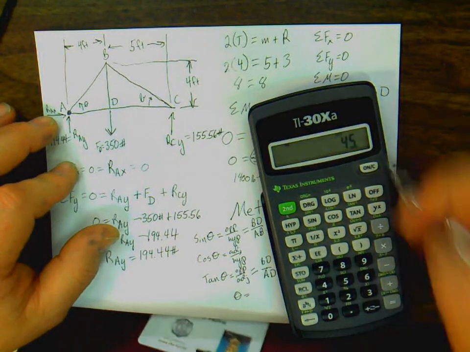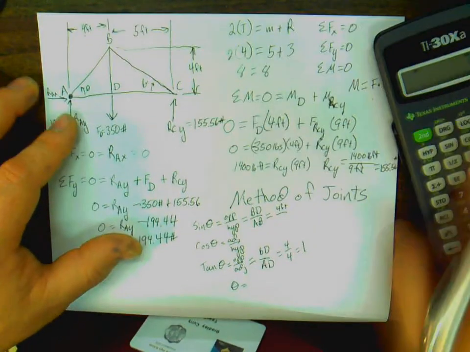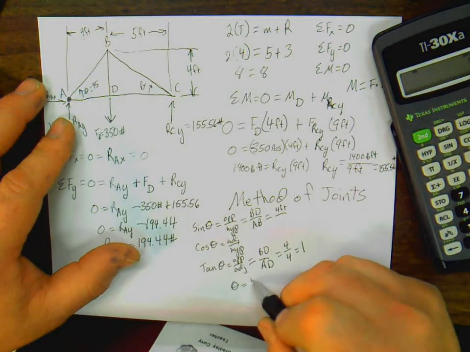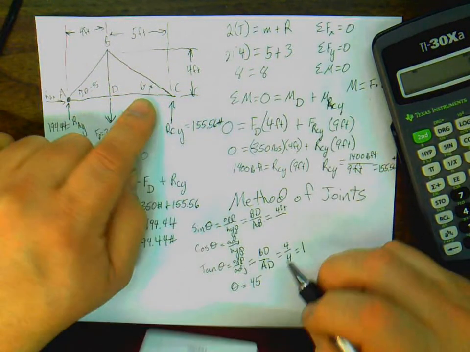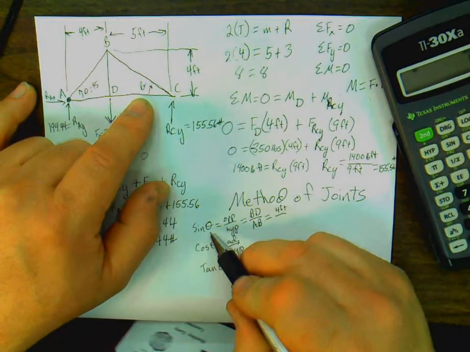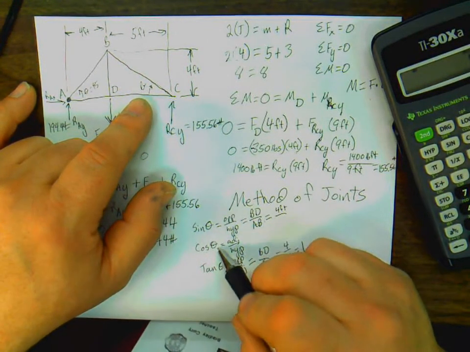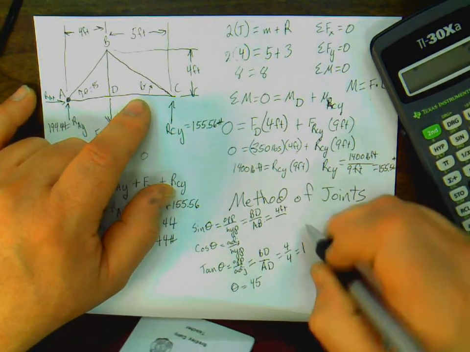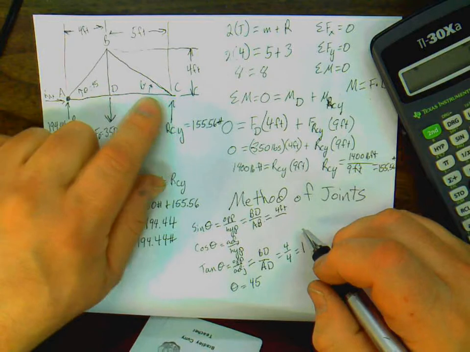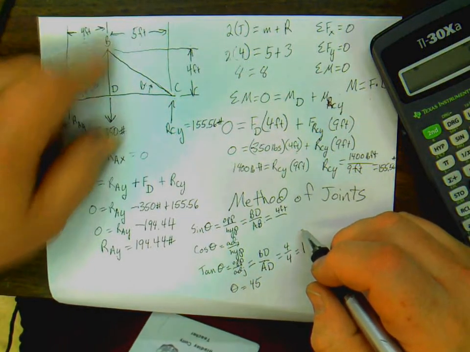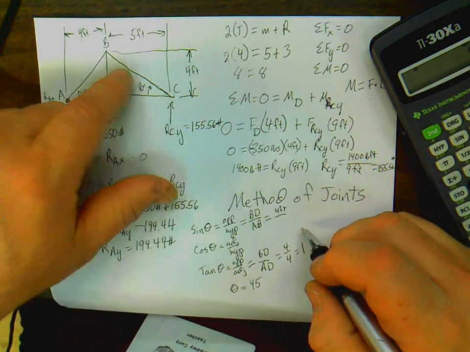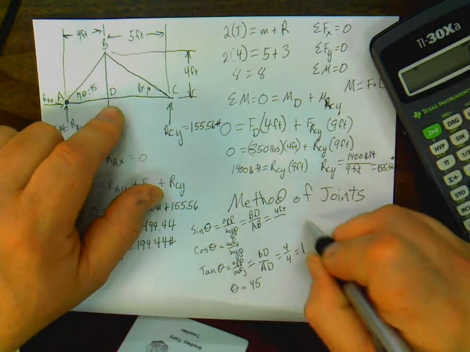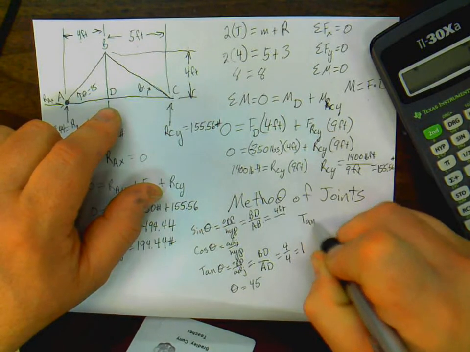Okay, let's do the same thing over here now, only instead of using theta, we're going to be using beta. And again, we have the opposite, but we don't have the hypotenuse. We have the opposite and we have the adjacent. So we still need to use the tangent of beta equals the opposite, BD, over the adjacent, which is DC.